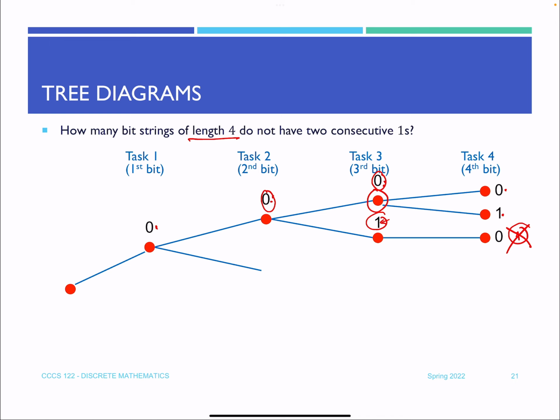Now, going back to the first bit, this can be followed by a 1 in the second bit position, which can be followed by only a 0 in the third bit position, because, again, making the third bit a 1 would make for two consecutive ones. So can't have that. Now, since we are back to a 0, we have again two options for the fourth bit, 0 or 1.